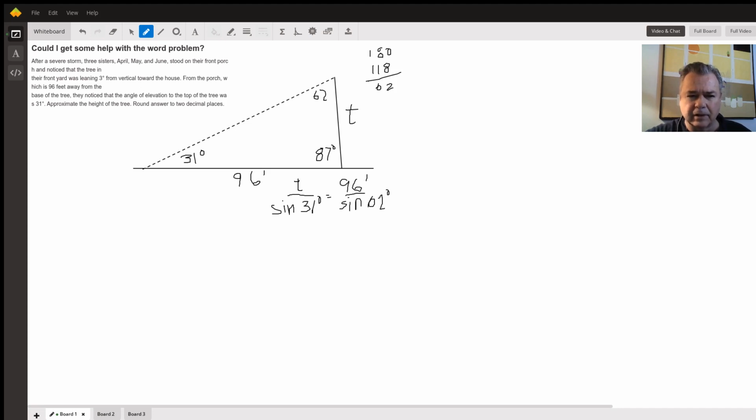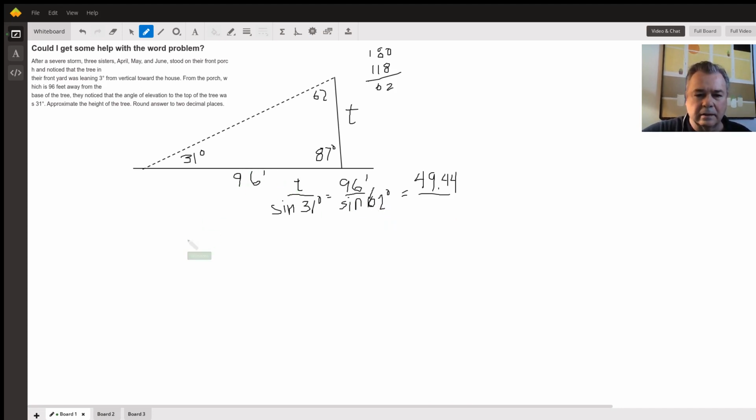The sine of 31 degrees is about 0.515. And that's going to give me 49.44 feet when I multiply by 96 feet. And again, I've got to divide that by the sine of 62.